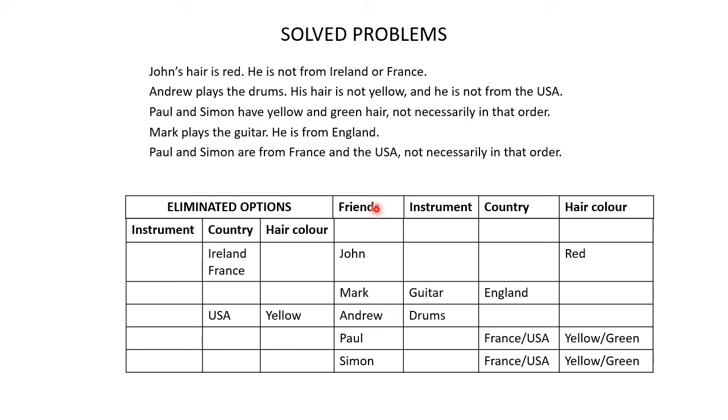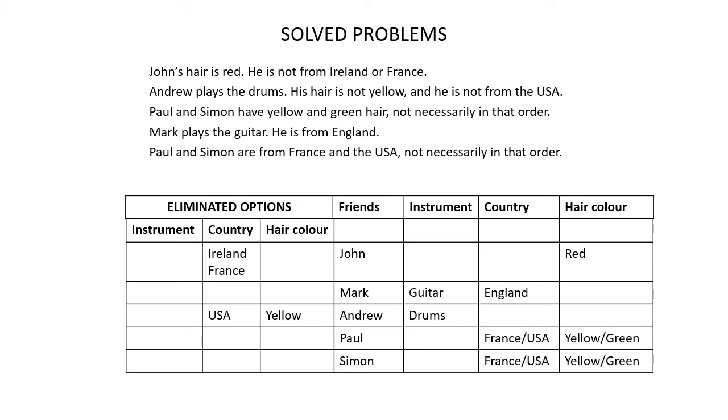So, to solve this problem, first draw a table. Mark the second column with the names of the friends John, Mark, Andrew, Paul, and Simon. Let the next three columns be for the instruments they play, the country they are from, and their hair color. Let the first column be for eliminated options.